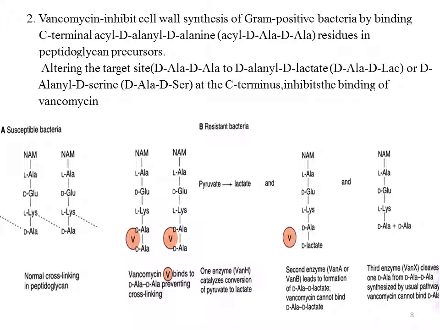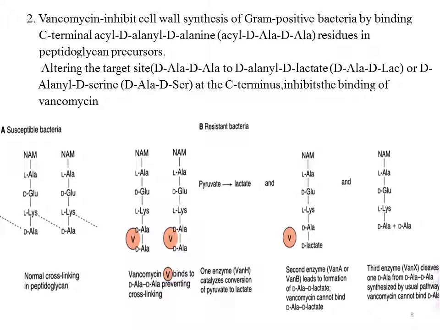Vancomycin normally inhibits the cell wall synthesis of gram-positive bacteria by binding to C-terminal acyl D-alanine residues. However, in resistant bacteria, there are enzymes such as VAN-H which catalyzes the conversion of pyruvate to lactate, thereby preventing the combination of vancomycin, whereas the enzymes VAN-A and VAN-B lead to the production of D-lactate from D-alanine, and hence inhibit the binding of vancomycin.